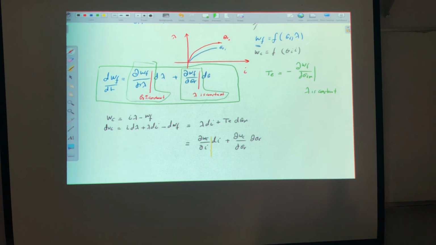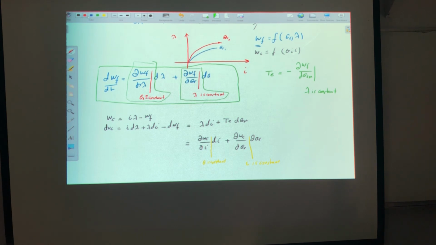So here, what is constant? Theta is constant. And this one, what? Here i is constant. Okay.